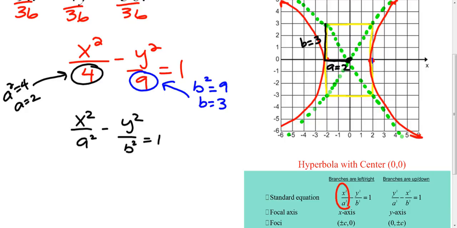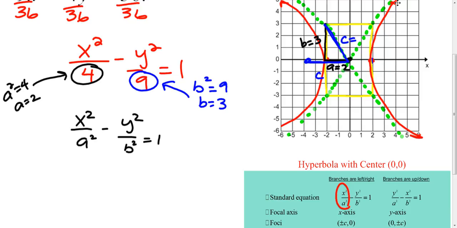And then what I know, and this is what's tricky for some people to understand, is this distance, which is c, just like on an ellipse, will be the same, because my foci are out here somewhere. So this distance and this distance are the same. Both of those are c, just so that you can picture that.